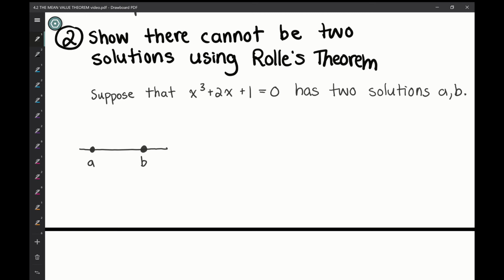Now, this is some sort of polynomial, so it's doing something like this.